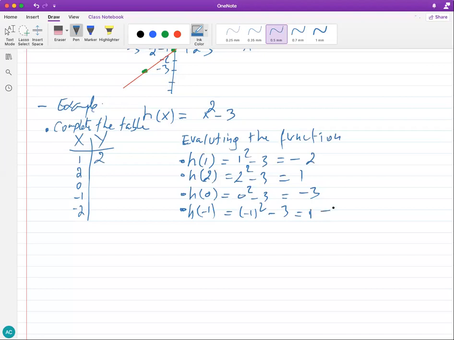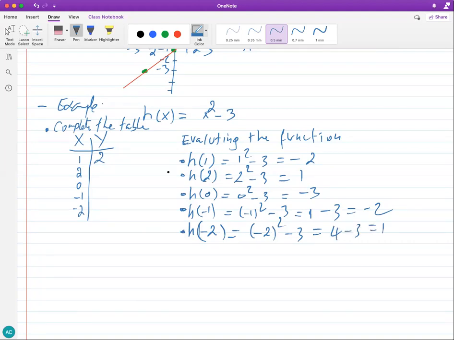We have 1 minus 3, which is negative 2. So negative 2, and finally, h of negative 2. Again, we're going to put the negative 2 here and simplify, so it'll be negative 2 to the second minus 3. This is 4, right?